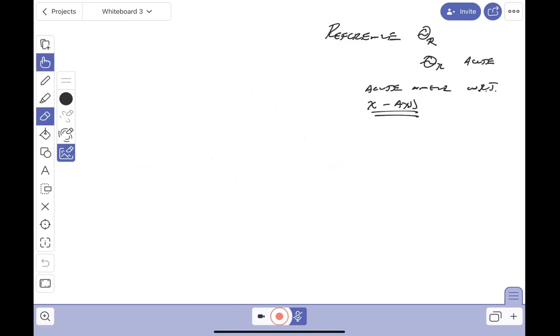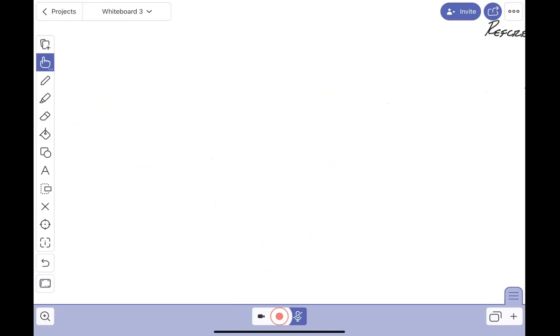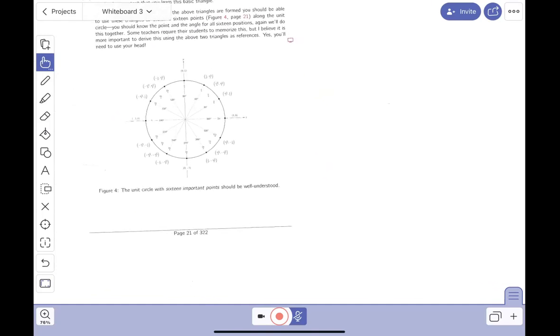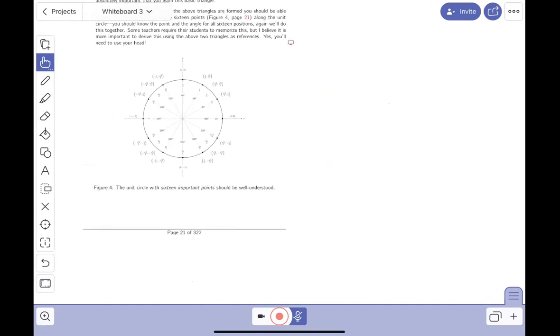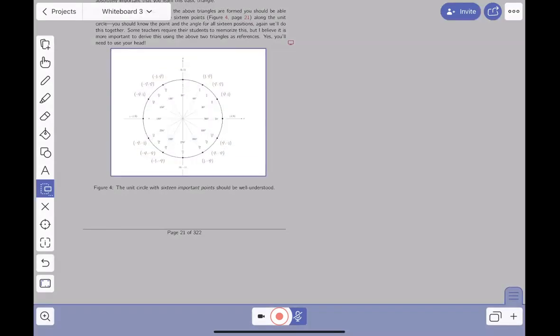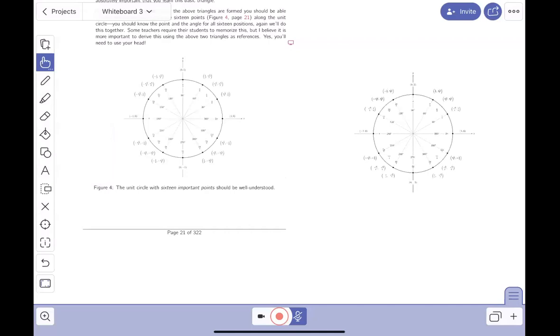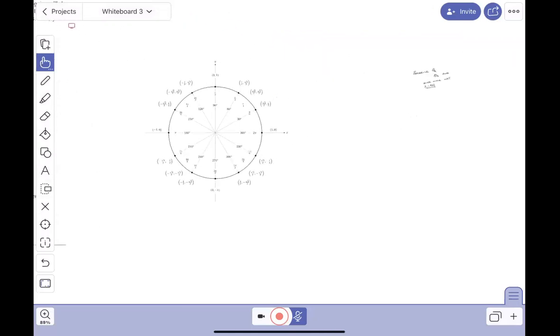All right, let me just get the new picture here. And let me blow this thing up. Pull a picture off from this thing here. And push this over here, blow it up a little bit.